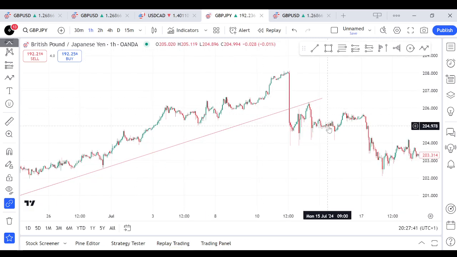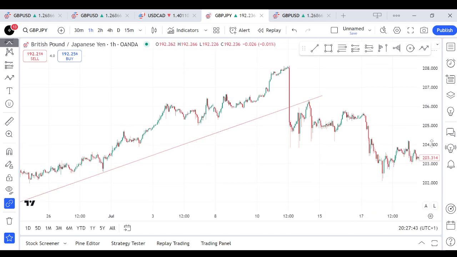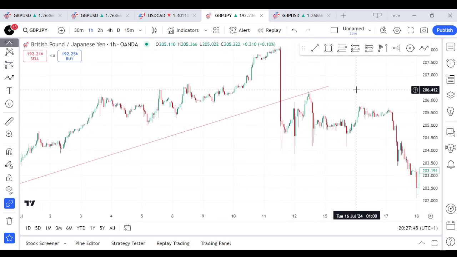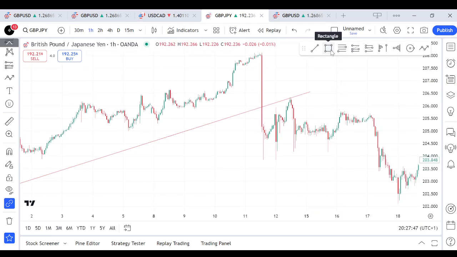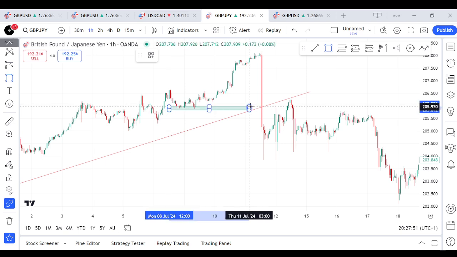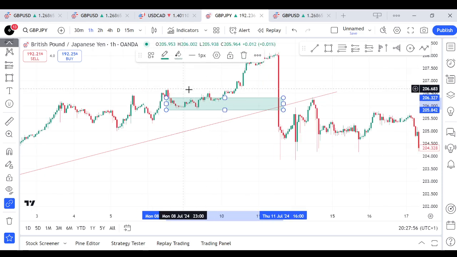You can see this was a trend line, and we had this breakout, a failure of this zone. And if you remember, you can see this support level, price holding twice.